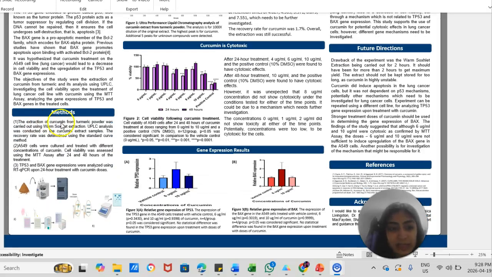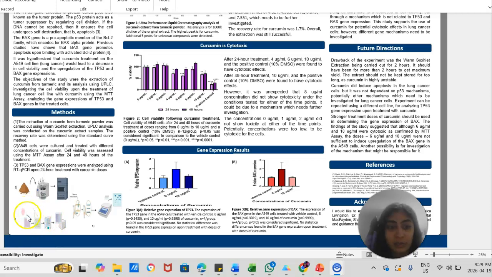The methods that I used in this experiment involved extraction of curcumin from turmeric using Soxhlet extraction. It was then quantified by UPLC. I did UPLC analysis to check the amount of curcumin in my extract and calculation of recovery rate.